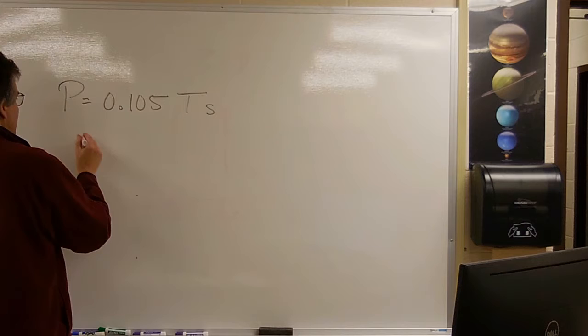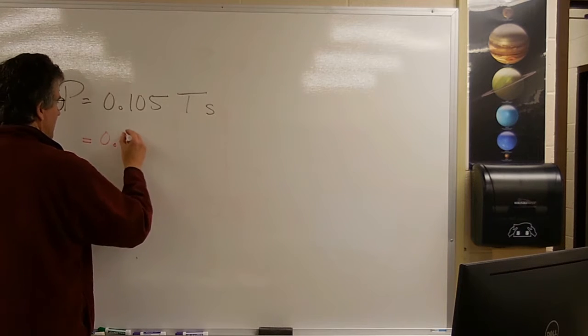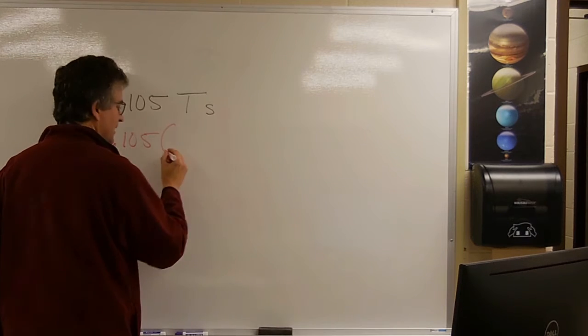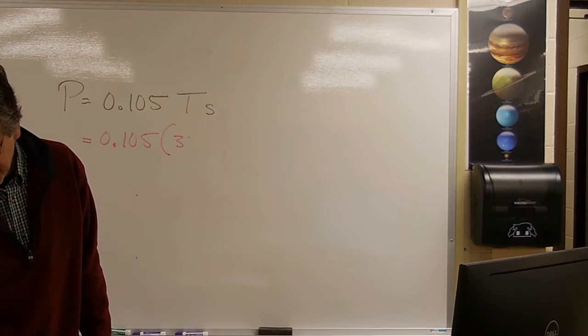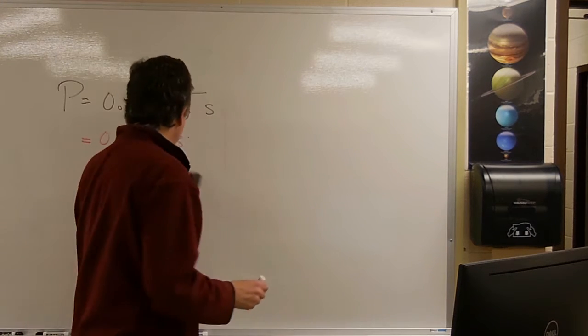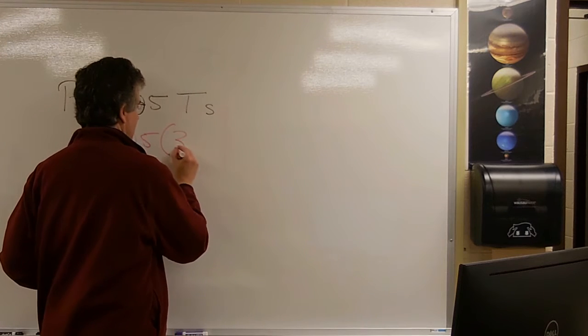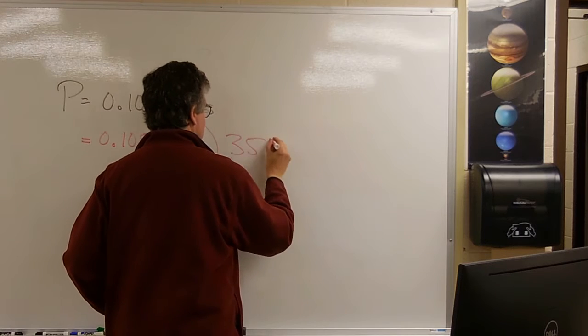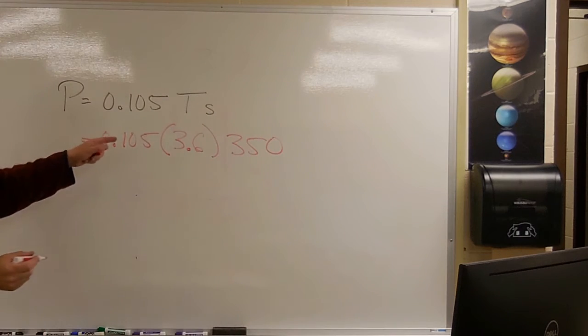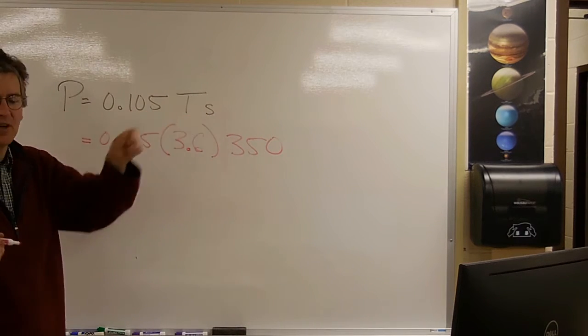So they get 0.105 times, well, no, the torque was next. The torque is 3.6, and 350 RPM. Now this formula is if your torque's in newton meters and your speed's in RPM.